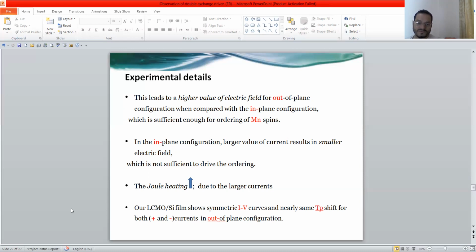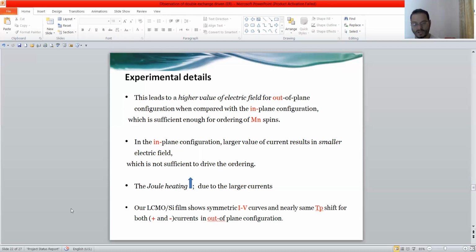Note, our sample film shows symmetric current-voltage curves and nearly the same peak temperature shifts for both the positive and negative currents in the out of plane configuration.